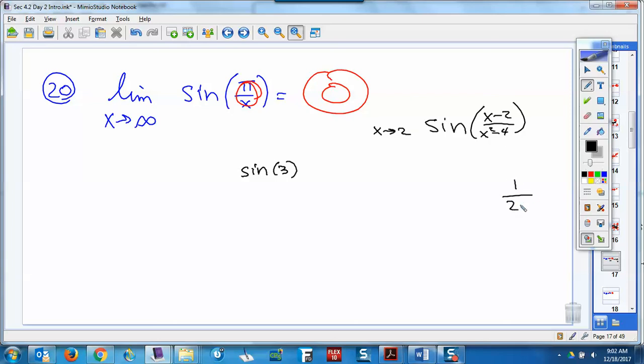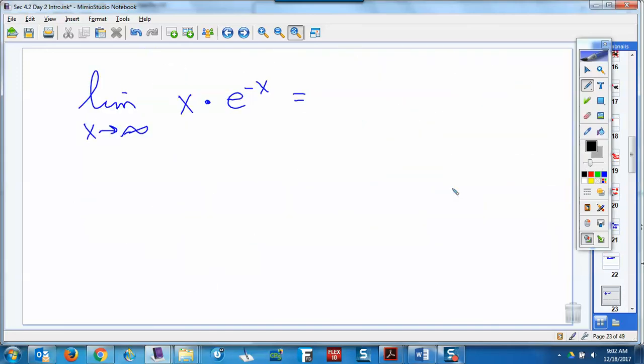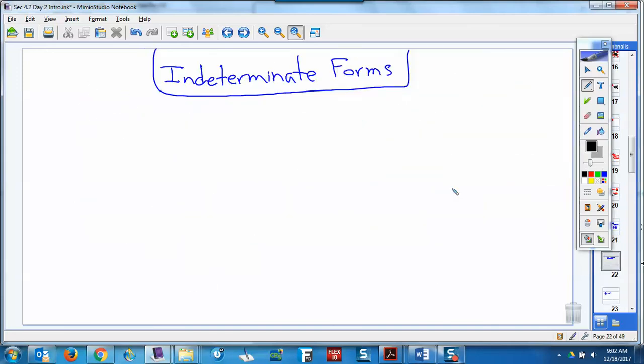So that was 1 over 2x. Okay, now plug in your 2. What do you get? 1/4. So now you get 1/4 in there. So now the answer is just sine of 1/4. And that's your answer, right? So sometimes you do L'Hopital's rule in a piece of it, where you get 0 over 0 or infinity over infinity. Okay? All right.